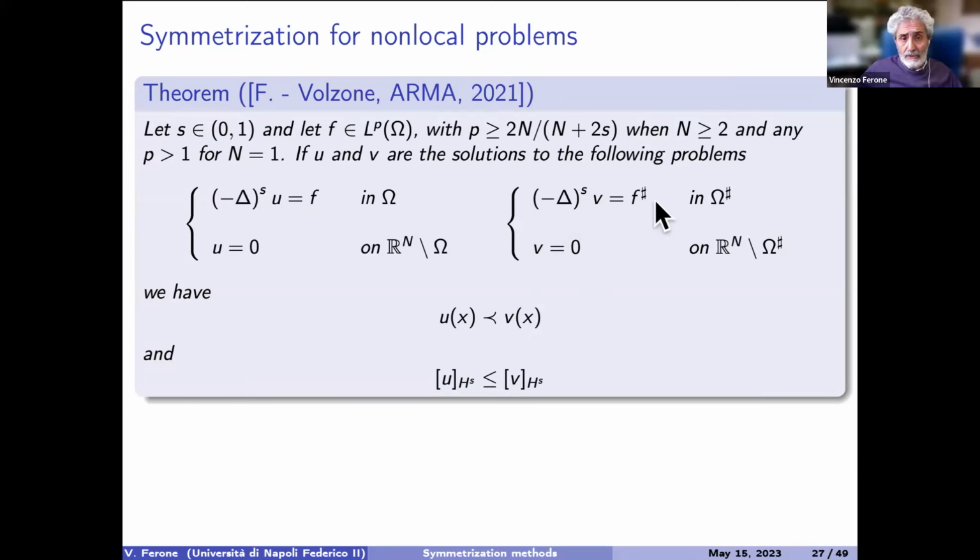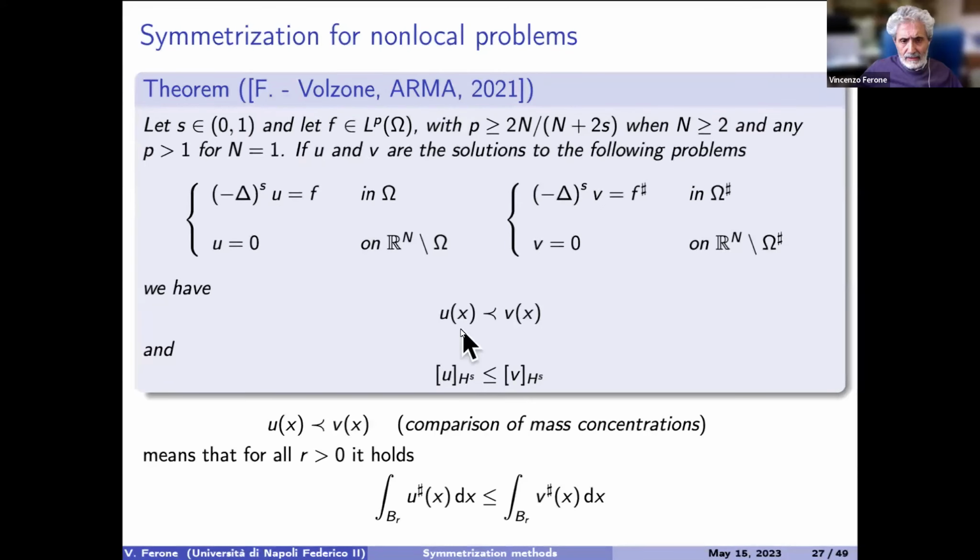Okay, in 2021 with Bolzoni, we have obtained the same kind of result, but with a new method, which I would like to describe. Namely, we have proved the following: if you solve this problem on the left, and v solves this problem on the right, then u is majorized by v, and the energy of u is less or equal than the energy of v.